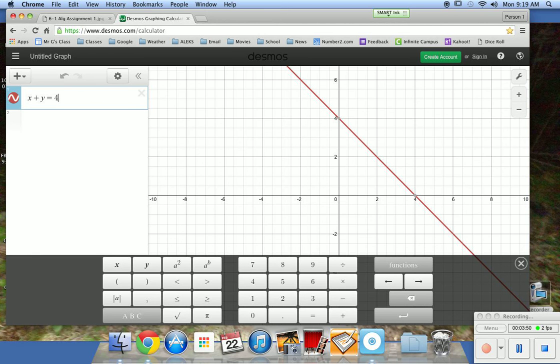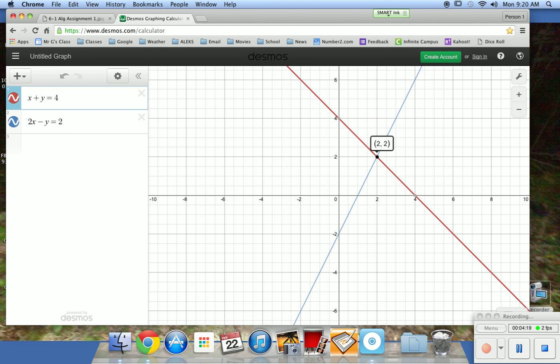Let's go down to the next one: 2x minus y equals 2. Because here's what you have to do: you have to show me on a T-chart. This is just showing you, if you're confused, where your lines are. This gives me a real clear picture of my solution of 2, 2.